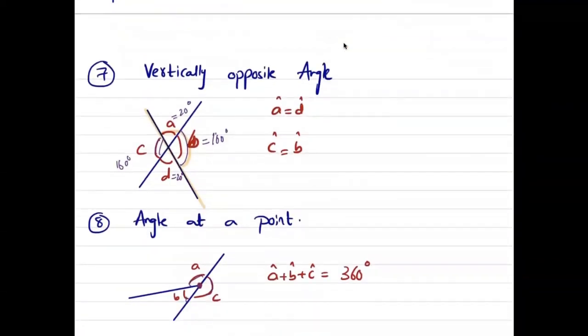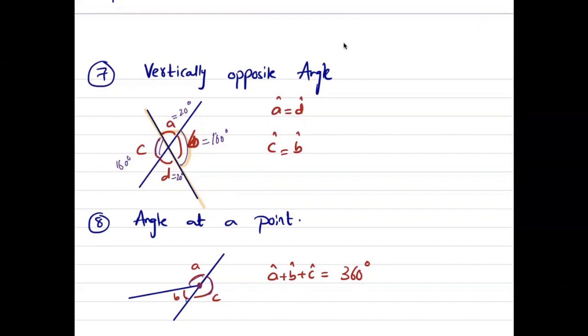Vertically opposite angles. If two lines cross each other like this, then this angle and this angle are called vertically opposite angles, and they are going to be equal in value. This angle C and this angle D are also vertically opposite angles. They are going to be equal in value.